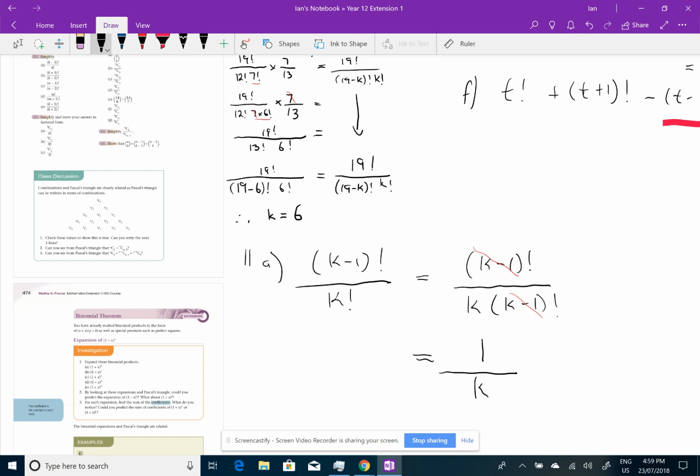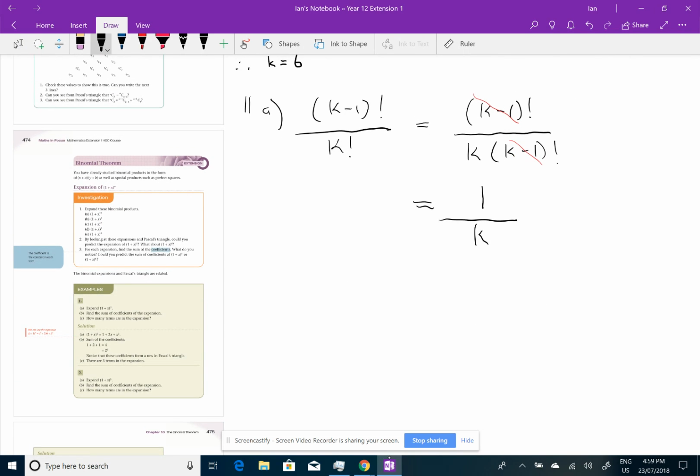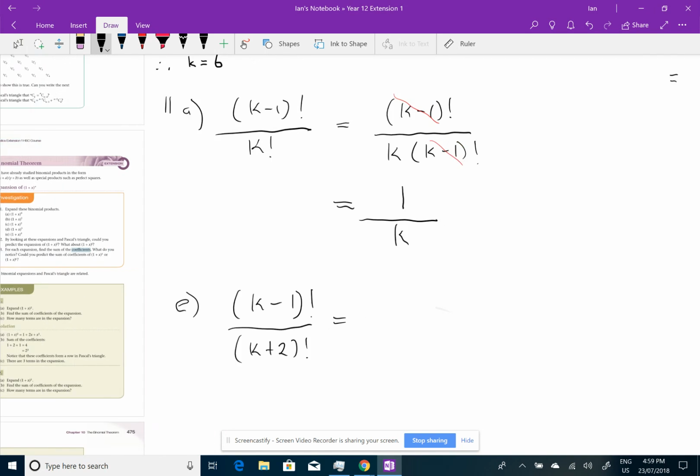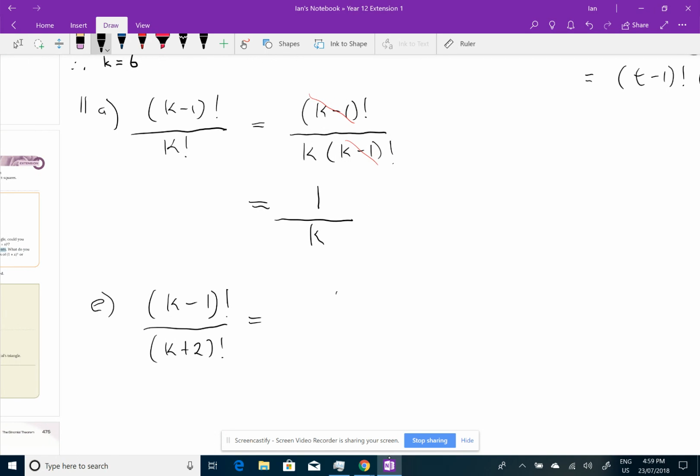Pretty easy. Let's go down to E, 11e, and I've got k minus 1 factorial on k plus 2 factorial. Now this is going to be hard because I'm going to have to reduce that k plus 2. I'm going to have to get 4 terms to get rid of the factorial.